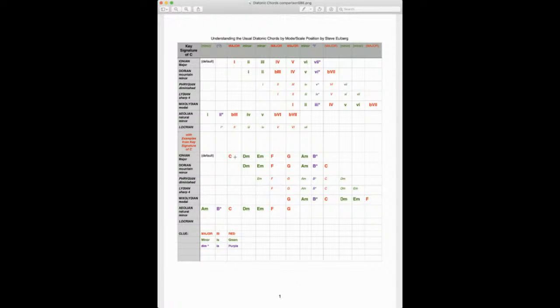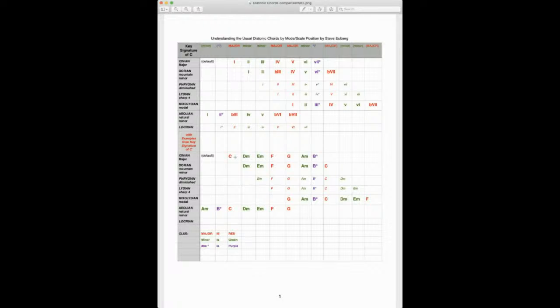Then I have a D minor, because I got a D, F, A, and then an E minor, E, G, B, then F, A, C, G, B, D, A, C, E, then a B diminished, and I'm back to C again.